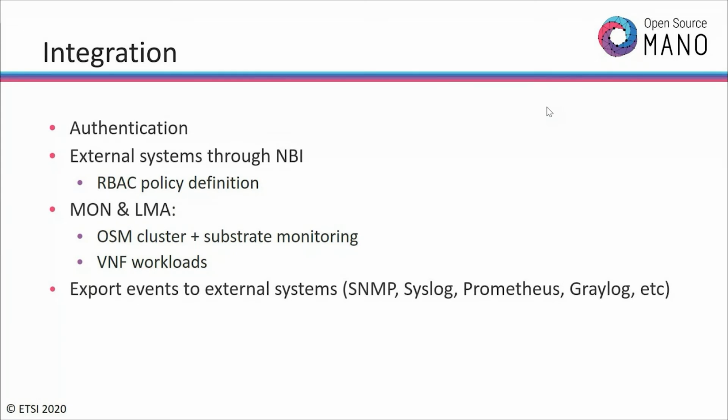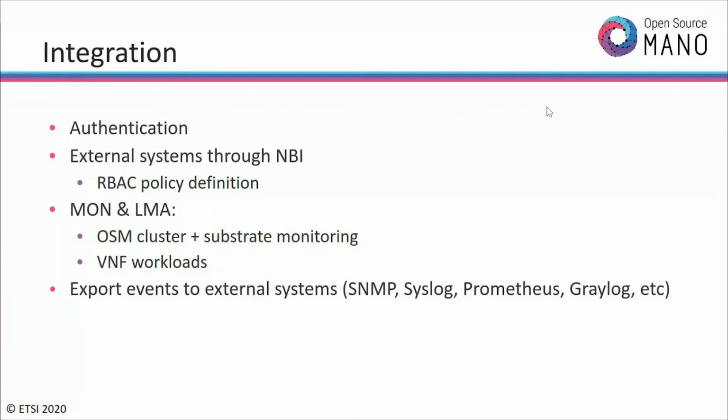We already have a log forwarder charm that can be used to export logs from the substrate to external syslog servers and other servers. We also have the Prometheus Alertmanager that can send alerts to external systems. And then we can also use Graylog pipelines to enhance and export logs to external systems as well.